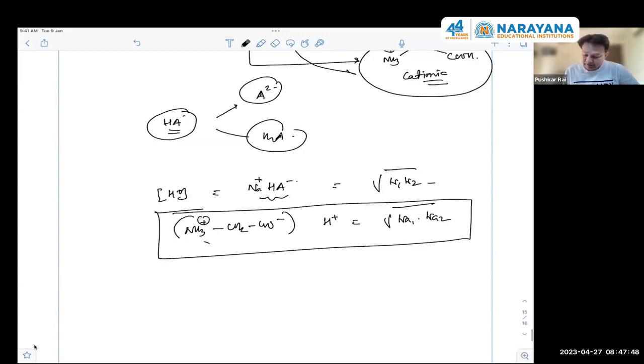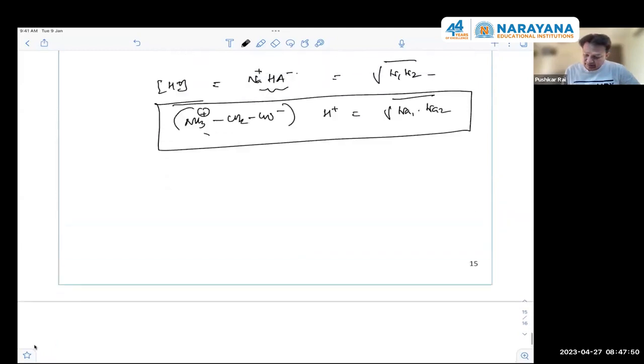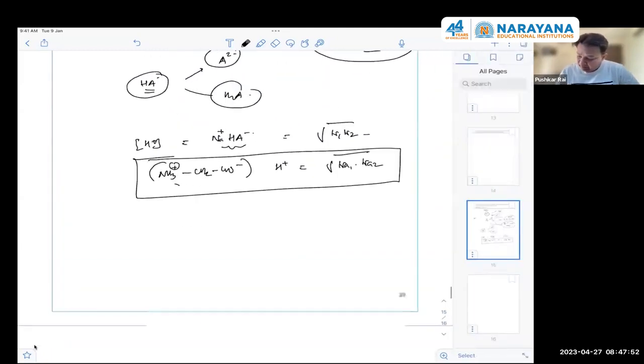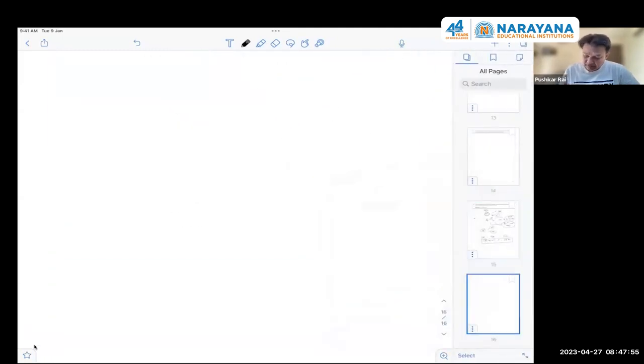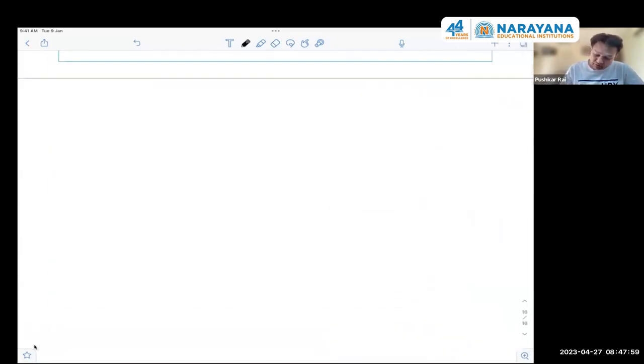Okay. But a very interesting thing is, what is isoelectric point? Isoelectric point is the point where the anionic form must be equal to the cationic form.